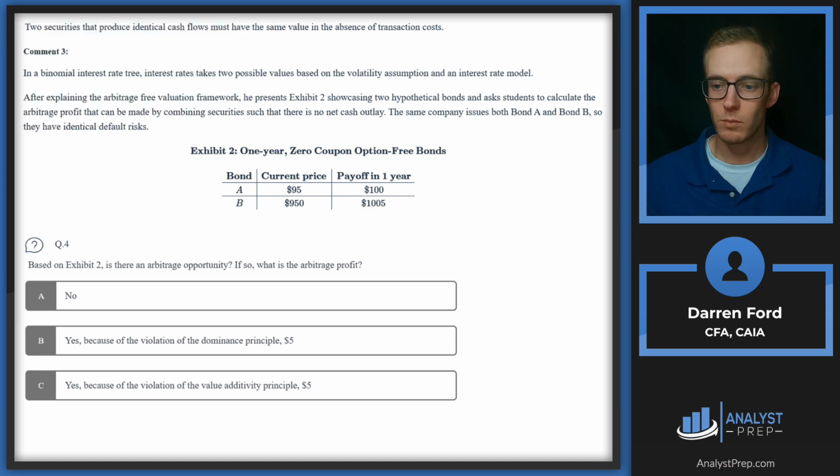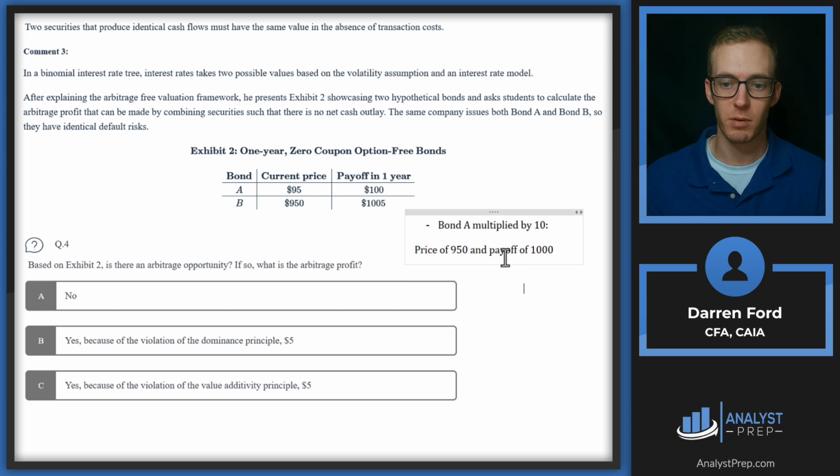So we've got the same price essentially here, but different payoffs, so it looks like there is an arbitrage opportunity. If we multiply Bond A by 10, we get a price of $950 and then a payoff of $1,000. So in Bond B, we're getting a payoff of $5 more. So it looks like we can go ahead and cross off A, that yes, there is an arbitrage profit opportunity. They both have $5 here.